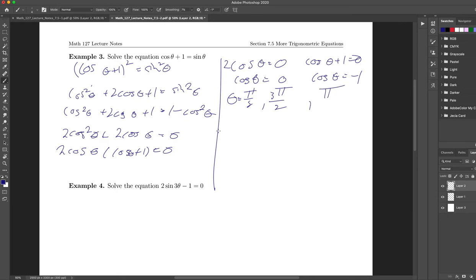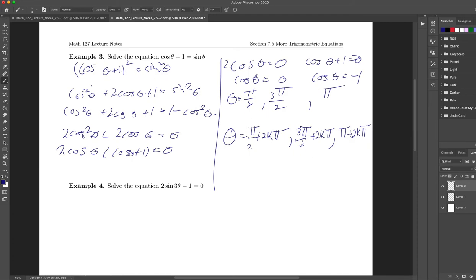And so if I want all the solutions, so this is for one period, for all the solutions, we'll just add plus 2k pi, comma, 3 pi over 2 plus 2k pi, comma, pi plus 2k pi. Okay, so here's all the solutions for this one.